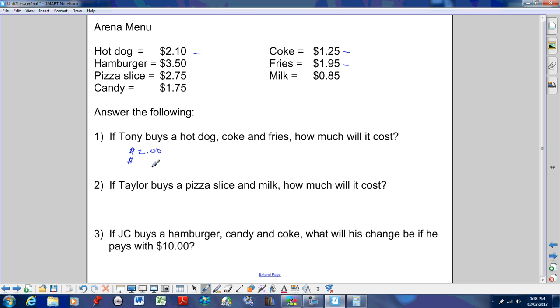The Coke, $1.25. So you can round it up or down here, but rounding up's better because it always makes the worst case scenario. And then the fries are $1.95. So there we go. When we add those up, I know that I have 2, 3, 4, 5. So it's going to be about $5.50.